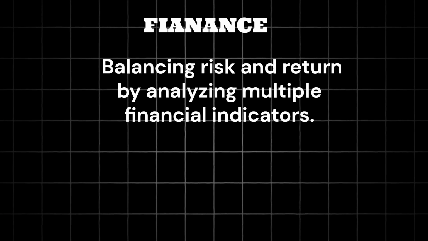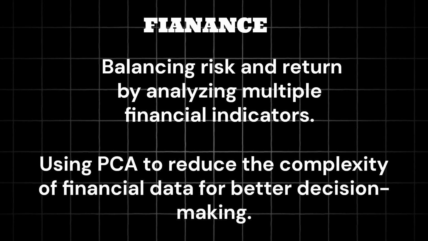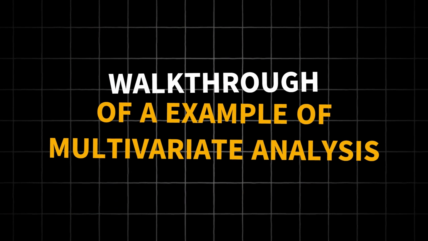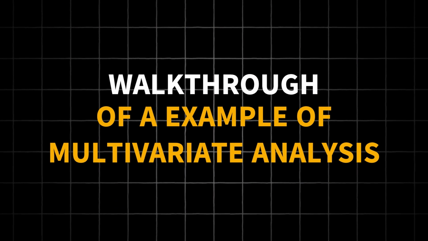Third, finance. Let's say you are a financial analyst trying to assess the risks and returns of an investment portfolio. By examining multiple economic indicators like interest rates, inflation, and stock market trends, you can build a more robust model to guide investment decisions. Now let's see multivariate analysis in action with a hands-on example.